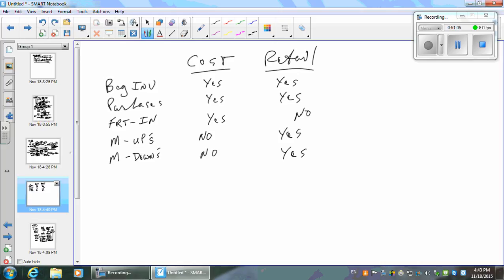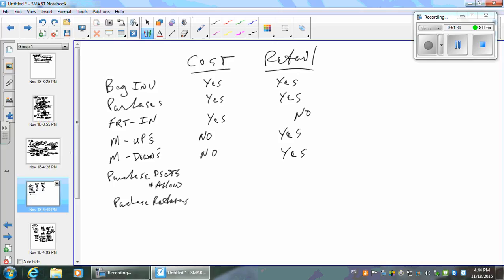What else do we have? Purchase discounts and allowances, they put together. And then they put purchase returns separately. Why?